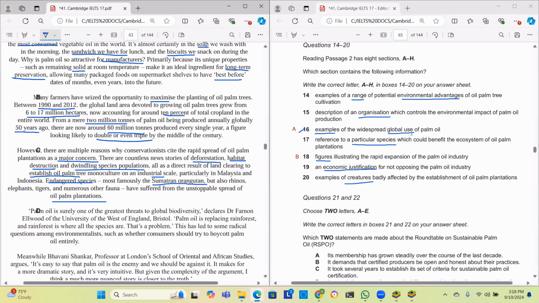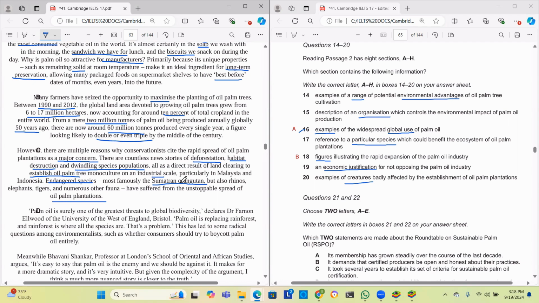See, the question is environmental advantages, not disadvantages, because all these are disadvantages, right? Deforestation, habitat loss, and dwindling populations. The 14th cannot be. And description of an organization? No, we did not read about any organization here. A reference to a particular species which could benefit the ecosystem of the oil palm plantations.